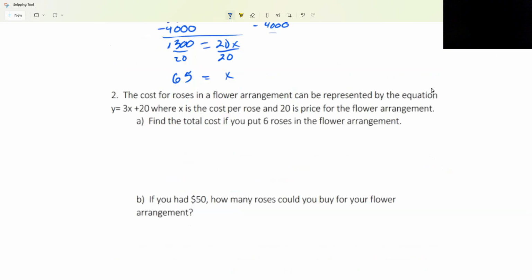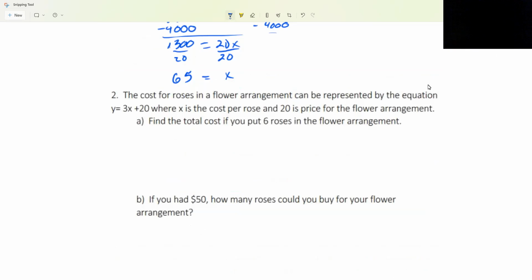Number 2 here says the cost for roses in a flower arrangement can be represented by the equation y is equal to 3x plus 20, where x is the cost per rose, and 20 is the price of the flower arrangement.